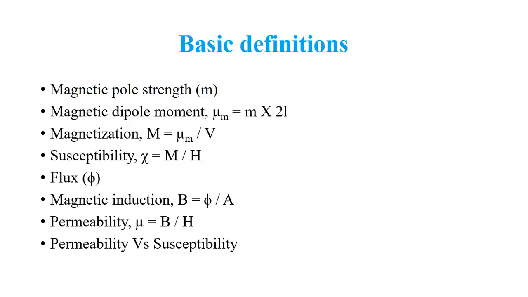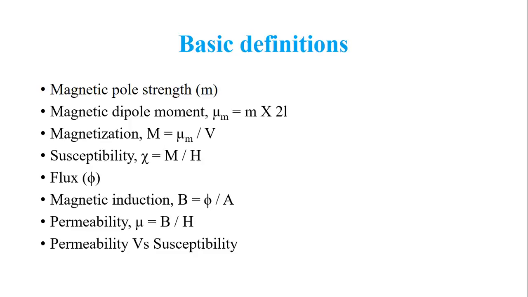A given bar magnet, when it is brought closer to another bar magnet, then a pole of a bar magnet either attracts or repels the pole of another bar magnet with some force when they both are placed at a unit distance, and this is what is defined as magnetic pole strength.